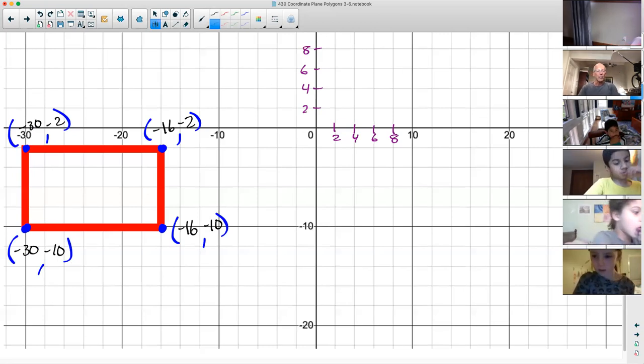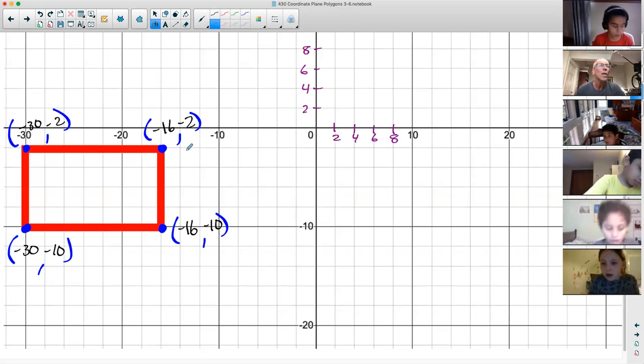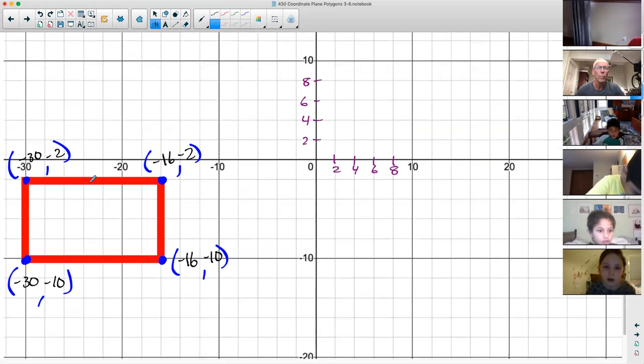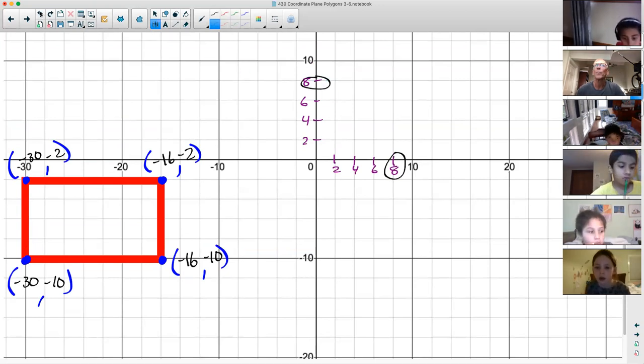Mr. Kramer, I don't know how to name one of my points. Oh, can you tell me where it is? It's where you wrote the 8. Right here? Yes. I don't know what to call that.